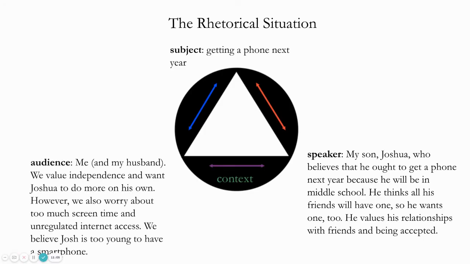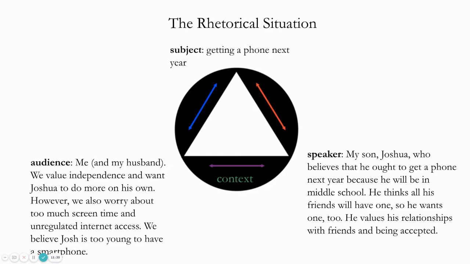The audience is me and my husband, and we do value independence. We want Joshua to do more on his own. We would like to be able to trust him to get himself to school in the morning and to stay late for activities if that's what he wants to do. But, and this is a huge but, we also worry about too much screen time and unregulated internet access.